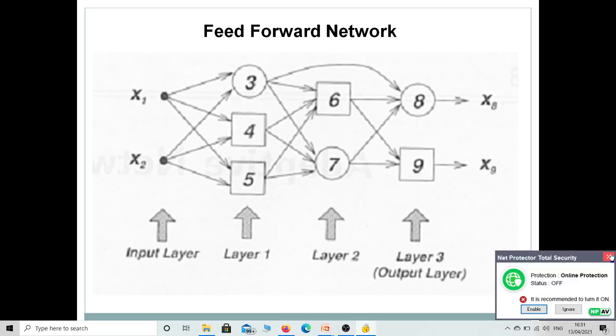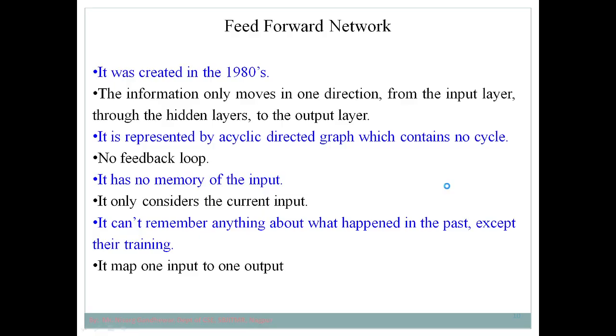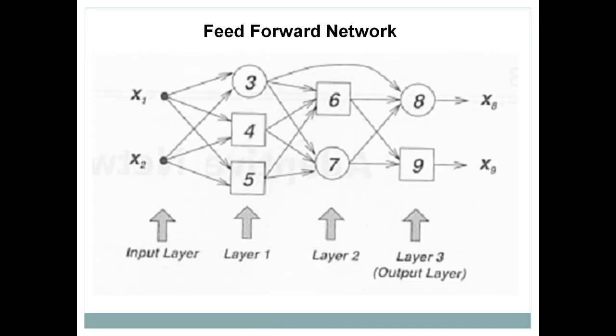Suppose you are working on an application, let's say classification of dog and cat. In this case, in the output layer obviously two nodes will be there, one for cat and one for dog. For providing the input you also need to decide the number of nodes, and in the hidden layer you also decide the number of nodes.